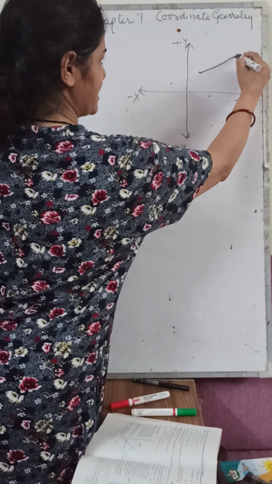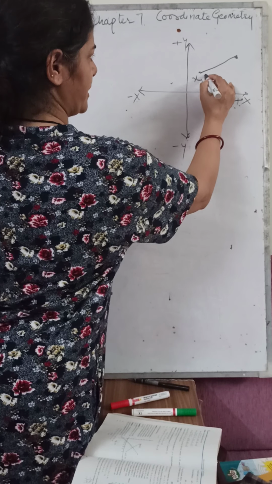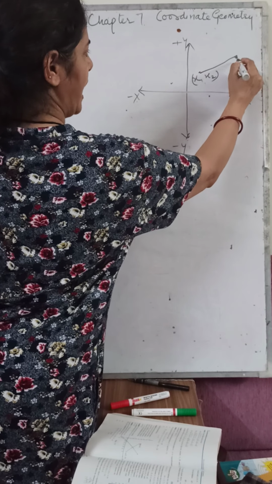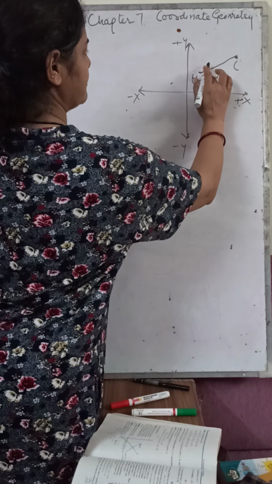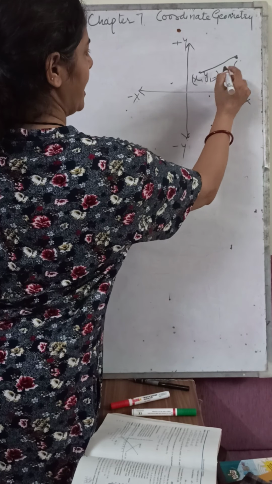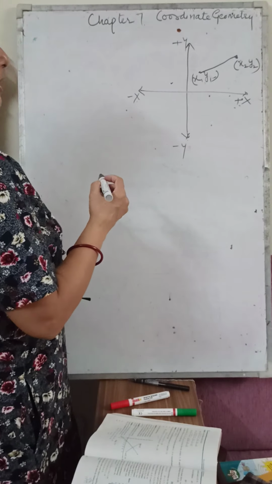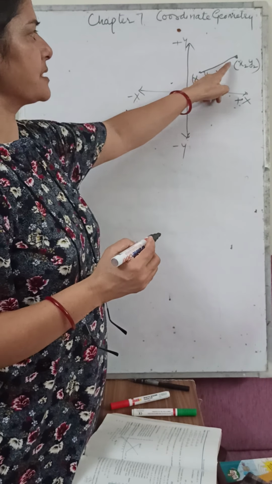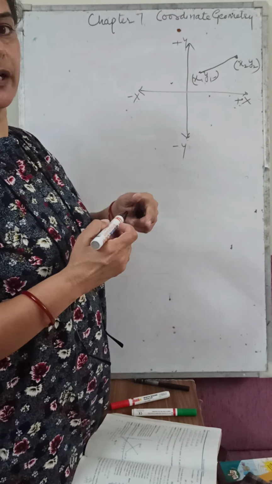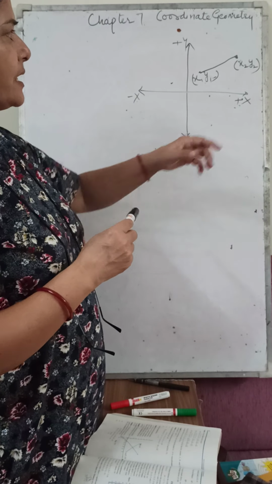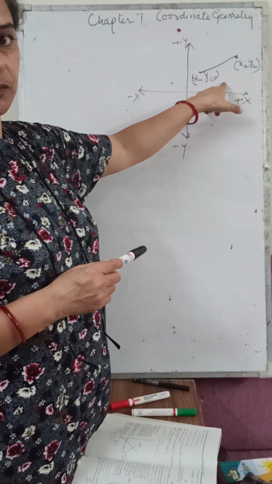How can you find the distance between these two points? Suppose its coordinates are x1, y1, and its coordinates are x2, y2. So how will you find the distance between these two points, x1, y1 and x2, y2?